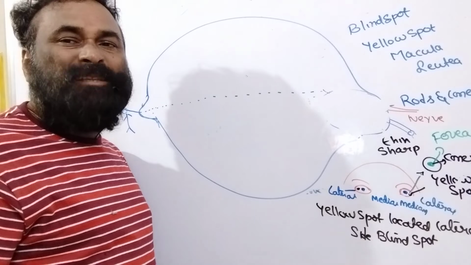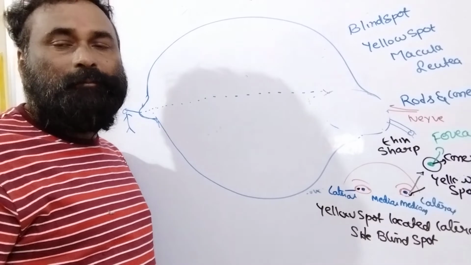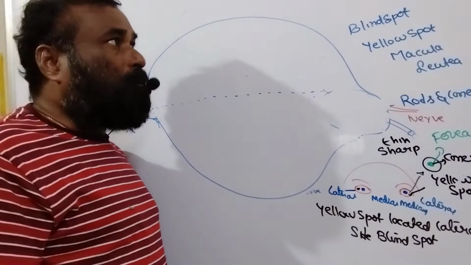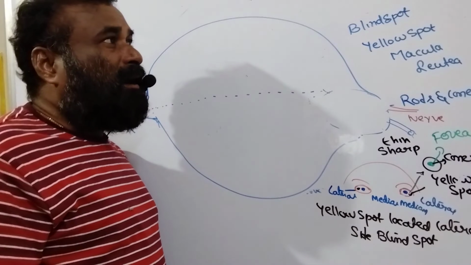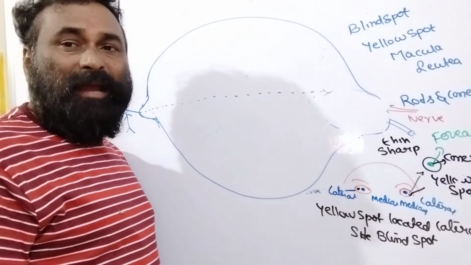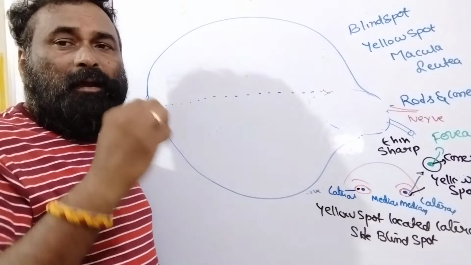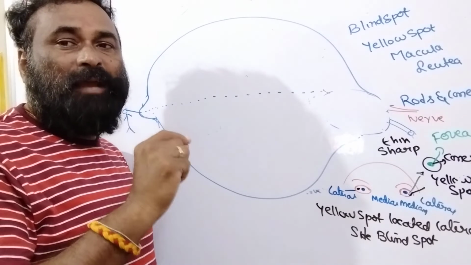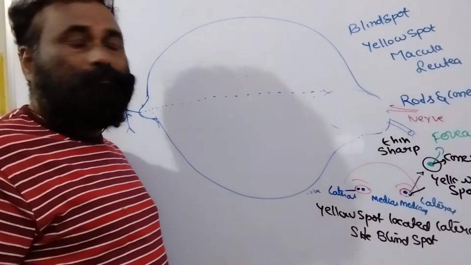The yellow spot is located lateral to the blind spot. It has a thinned portion at the middle called the fovea centralis for sharp vision, which has only cones, no rods.